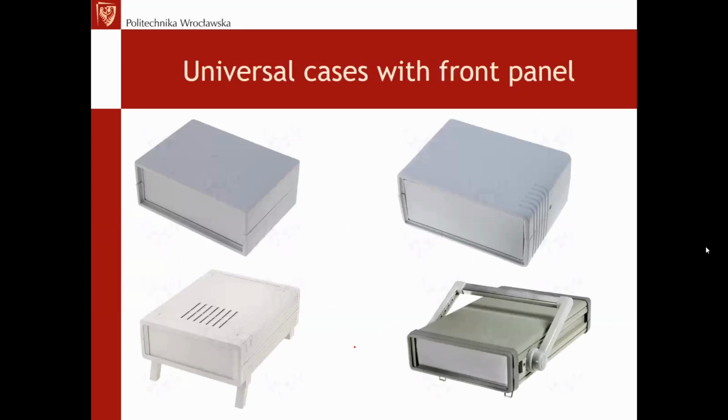So such cases are available as well. Also cases with a panel as a separate part, which is quite convenient if you want to build a device with some LCD display, because then you can take out the panel and make a mechanical fixing to your display and PCB or buttons, for example.